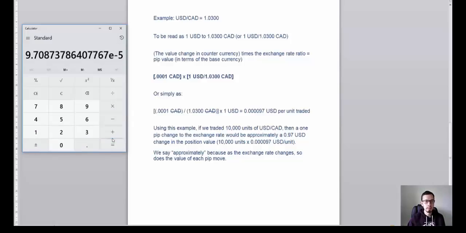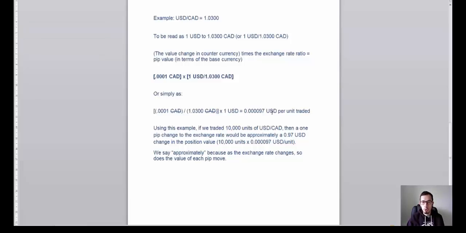This will give us E minus 5, so 5 numbers after the zeros, 1, 2, 3, 4, 5. So this is for 10,000 units, guys.